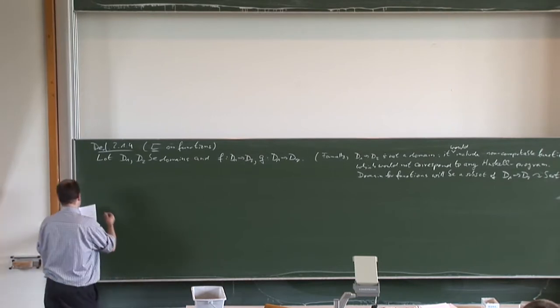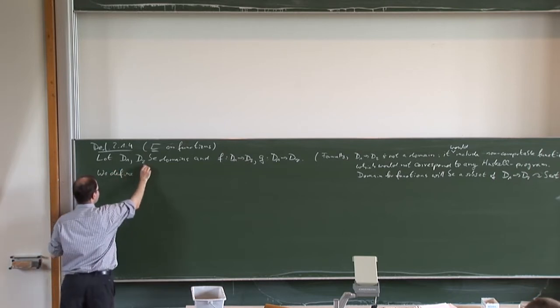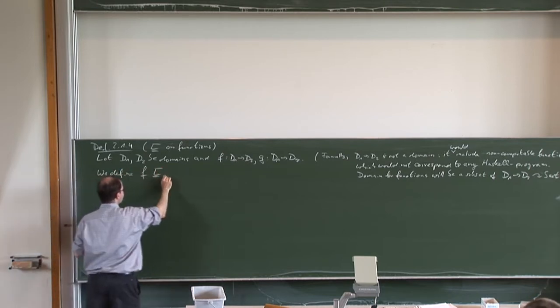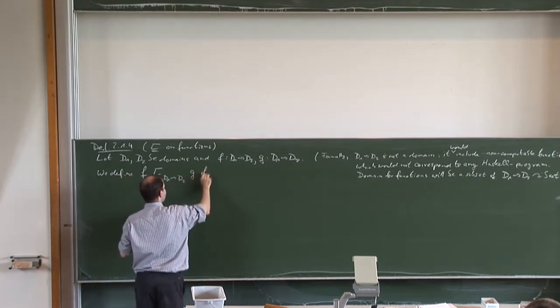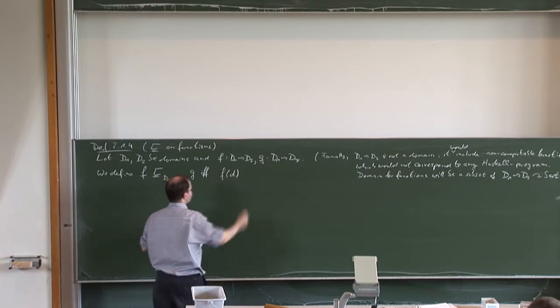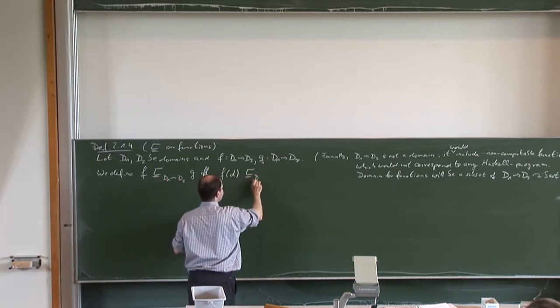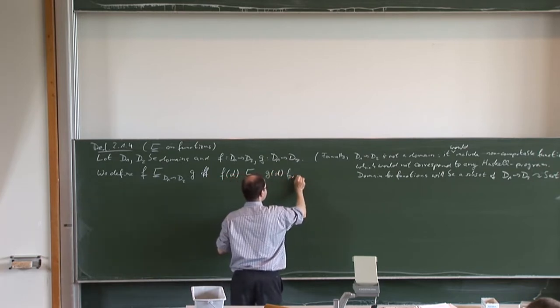So we define that the function f is less defined or equal than g if f of d is less defined or equal than g of d for all arguments d.